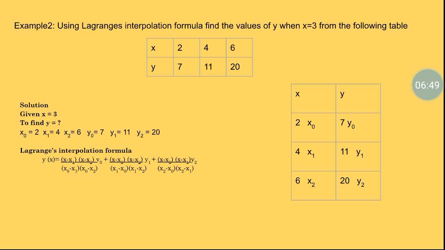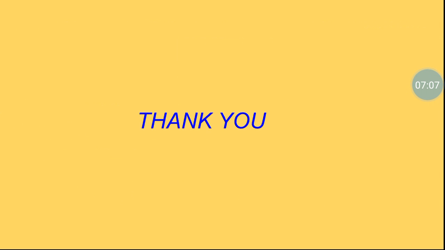And hence your value of y has to be obtained when the x value is 3. So by substituting x equals 3 and all the values from the table, we get y of 3 as 8.375.